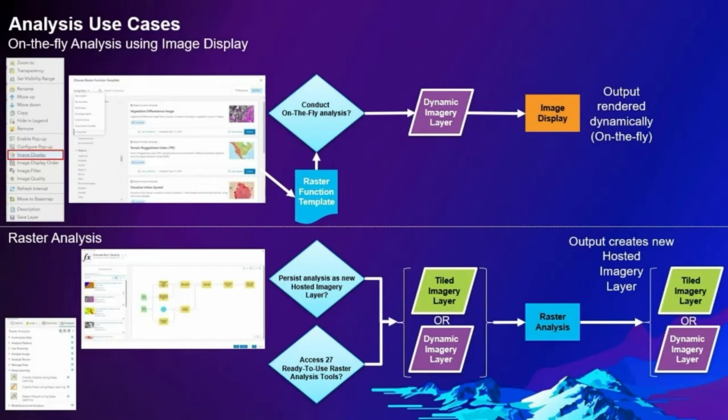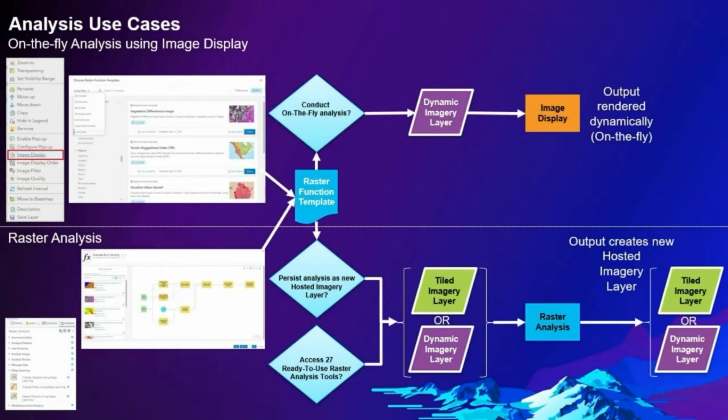In contrast, raster analysis can be applied on either tiled imagery layer or dynamic imagery layer. Raster analysis persists its output as new hosted imagery layers, and users can choose tiled imagery or dynamic imagery layer type.